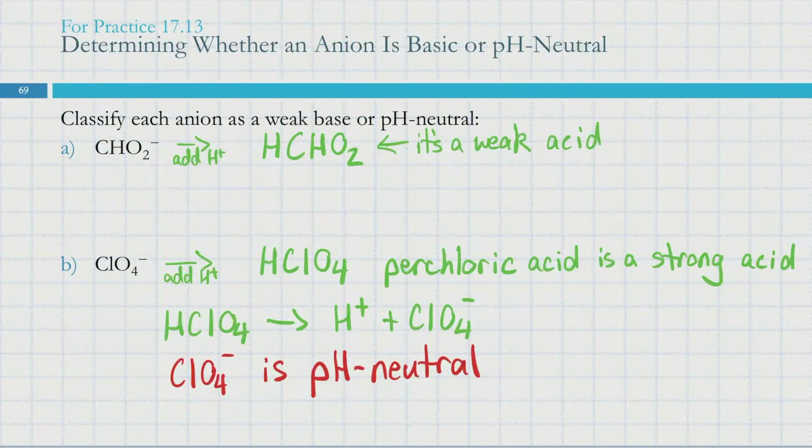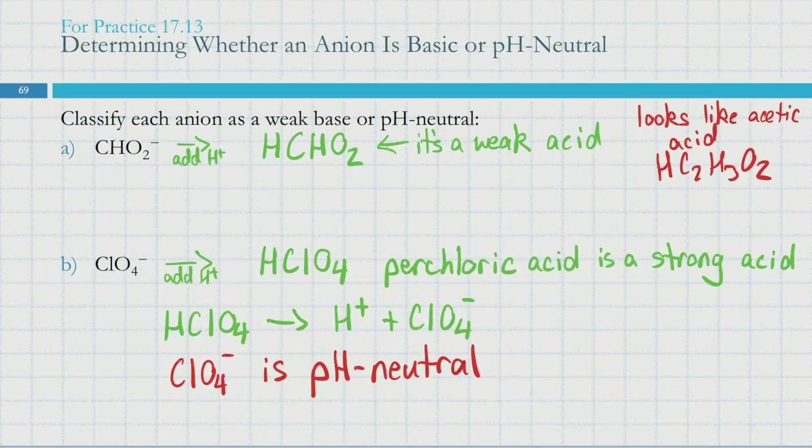The other way that you might recognize it is it kind of looks like our vinegar friend, acetic acid, which is HC2H3O2. It's got the CHO thing in there, an indication that it might be a carboxylic acid.